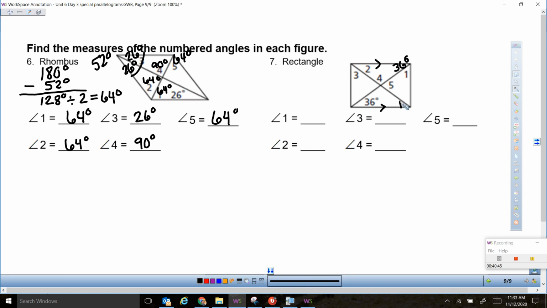And in the corners, all of these corner angles are how many degrees? 90. So to find angle 1, I need to do 90 minus 36. 90 minus 36 is 54. So that means angle 1 is 54 degrees.